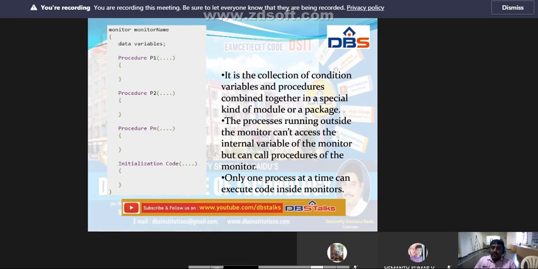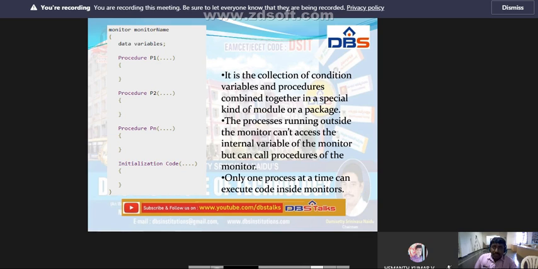The next point is that a process running outside the monitor can't access the internal variables of the monitor but can call procedures of the monitor. It means the processes running outside the monitor can't access the internal data variables of the monitor, but they can call the procedures.